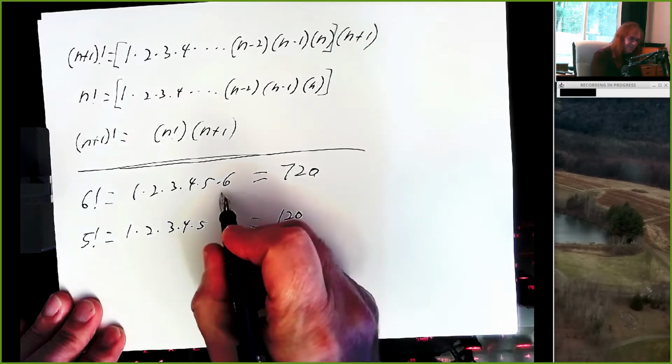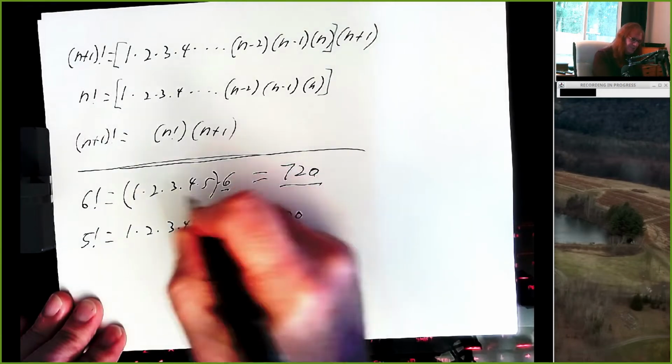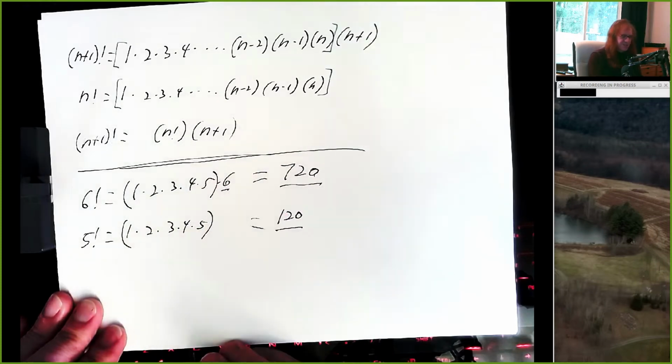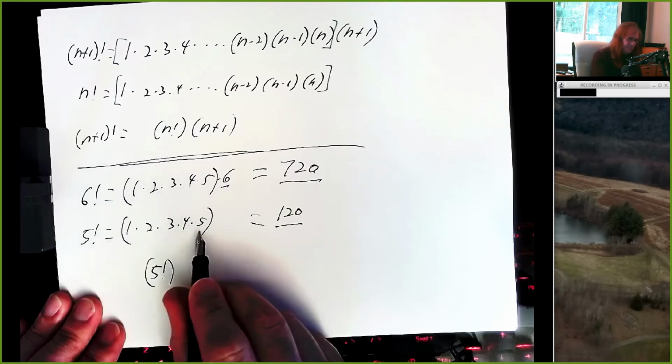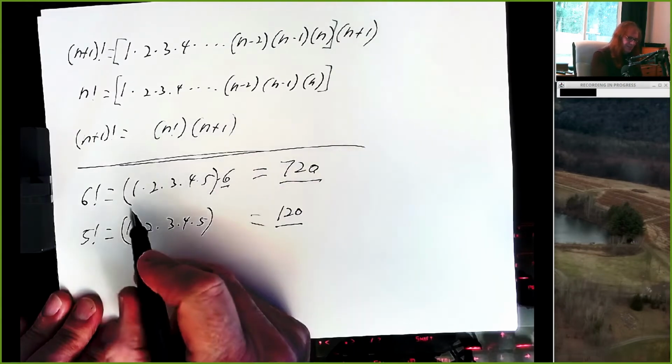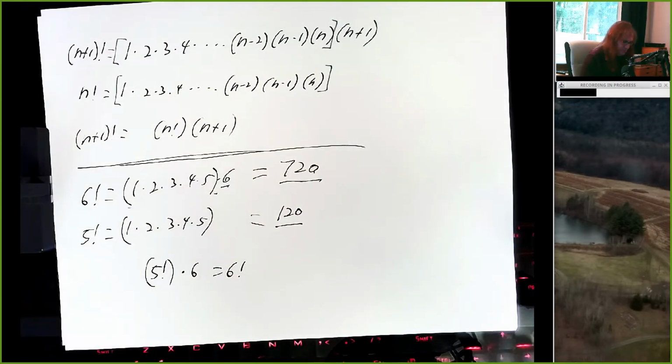If I take this and I multiply by 6, I'm guaranteed to get that, because 6! is this thing times 6, and 5! is just this thing. So if I take 5!, which is this, and I multiply by 6, that's 6!. And it may not click intuitively why that's true, but it comes out of the math, basically.